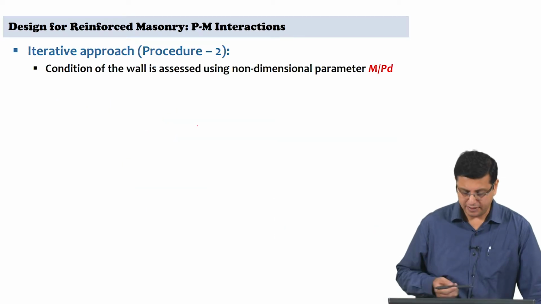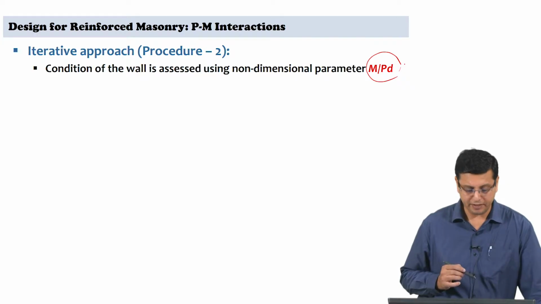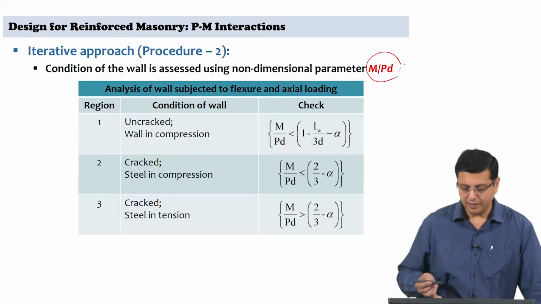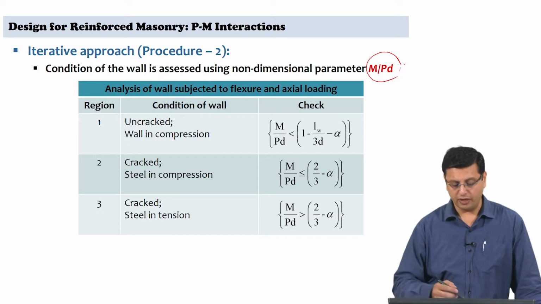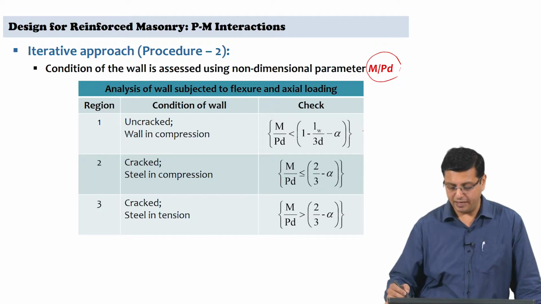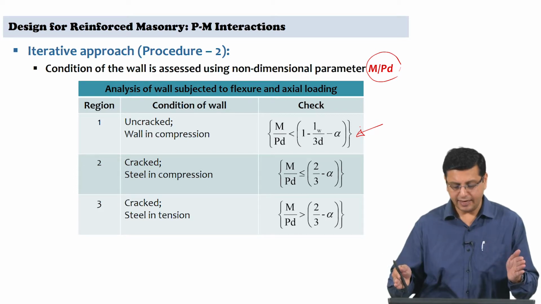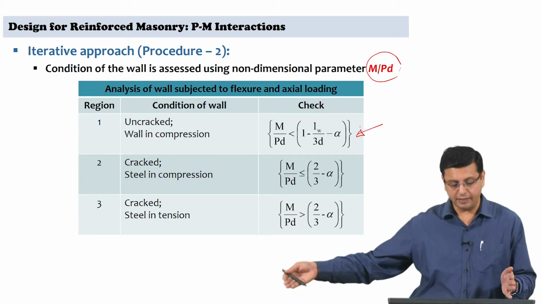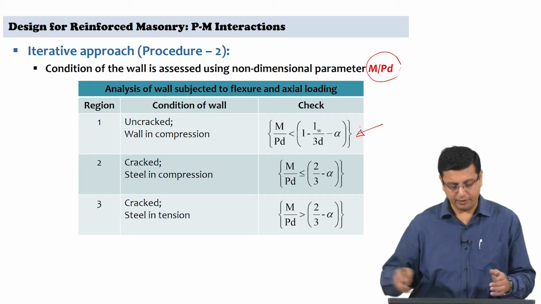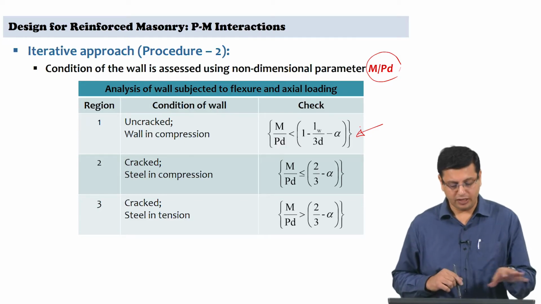So, basically your first check would be to estimate this non-dimensional parameter M by PD and check in which region the wall would fall. So, if M by PD is less than this quantity here, the whole wall cross section is uncracked, and you are in region 1, and we will use the maximum moment estimated from equilibrium to get the amount of steel that you should design for the given wall.